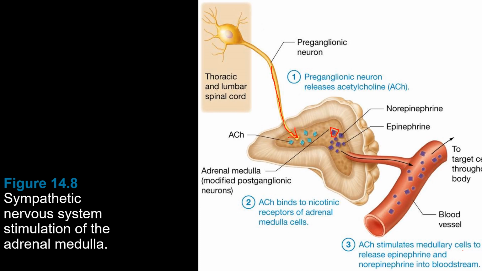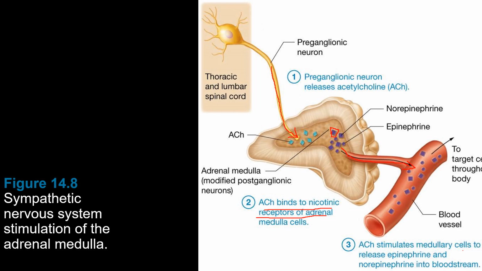So once that begins happening, this norepinephrine and epinephrine then travels into the bloodstream as a hormone, as that long distance chemical messenger. Do remember that this acetylcholine binds to the nicotinic receptors of adrenal medulla cells. That is important.